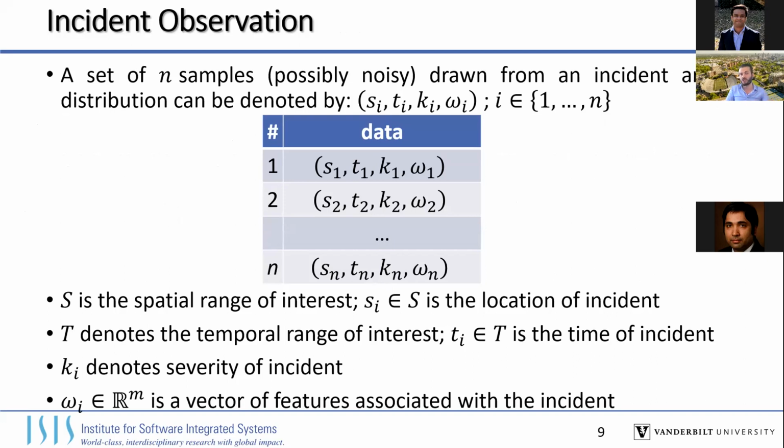For example, K, which is the intensity, which comes directly from the incident, or W, which comes from the environment of the incident, like temperature or traffic. For example, we know in the morning, the chance of one type of incident might be higher than in the afternoon. So W can include those types of features as well.